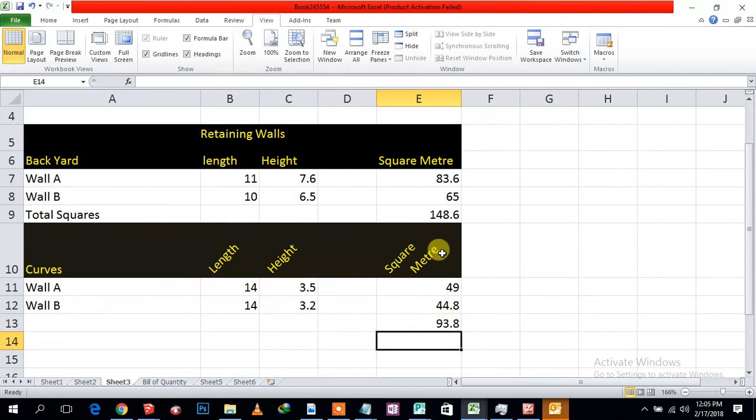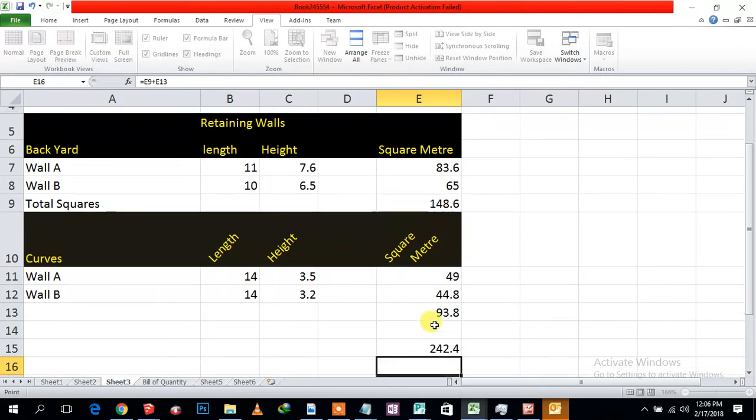Now, just the total. I don't know if I'm lost somehow. Please go through it, because that's how I'm actually getting the square meters. I think what is making these dimensions high is the height of the walls. So I'm going to say now 148, the straight dimensions, plus the curves.